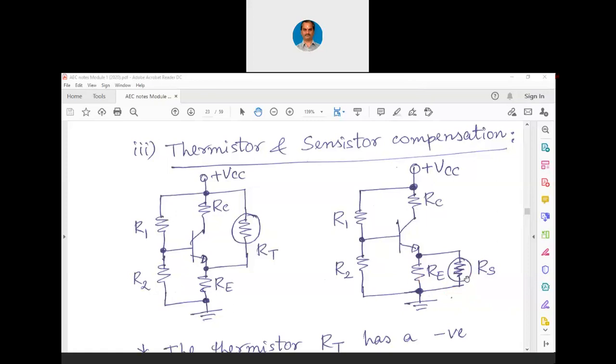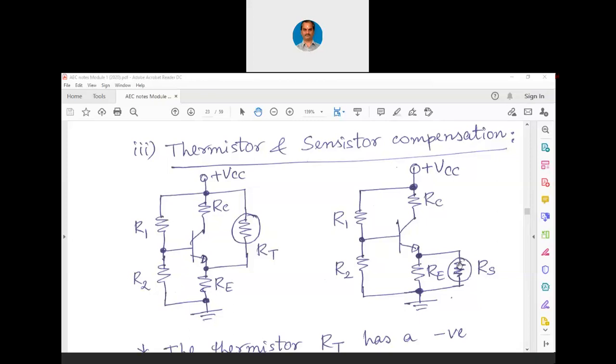Now when RE and RS are in parallel, when the resistance RS increases, the effective resistance also increases. Why? RE is in parallel with RS. So when there are two parallel resistors, if one resistance increases, the net effect of the parallel resistance also increases. So when it increases, the voltage drop at the emitter increases.